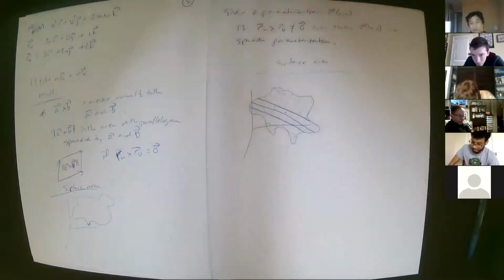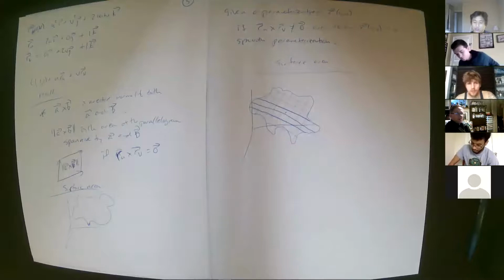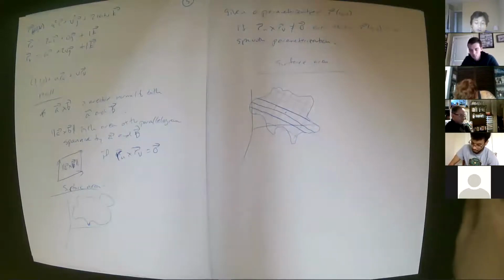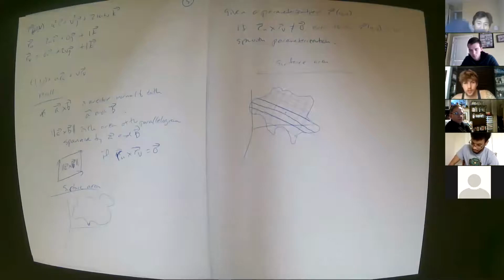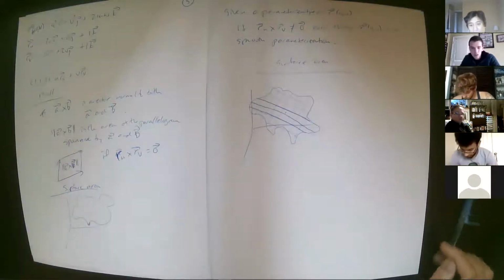Let's chop this up into a bunch of little pieces. If I had a bunch of Post-it stamps that go over this, I can see little squares on here, right? There are parallelograms on here, but they're curved a little bit because they wrap around the hat, right? I have my Post-its, they go like this, they wrap around my hat. And at each Post-it, I have a tangent plane at that point.